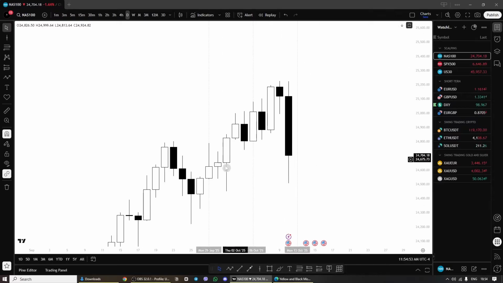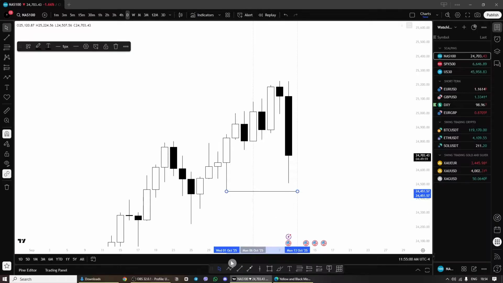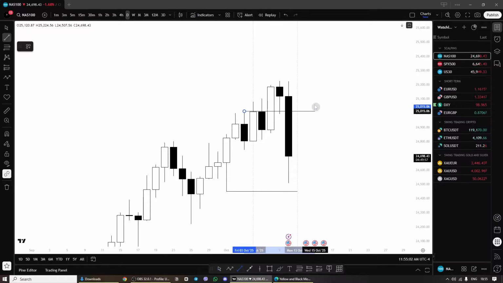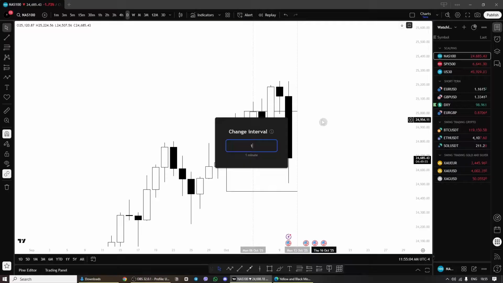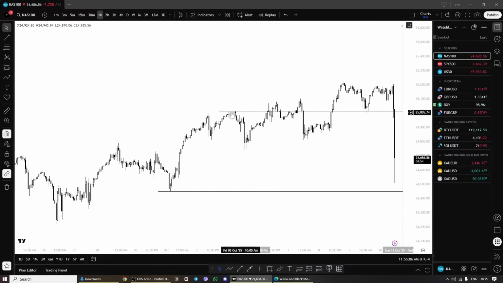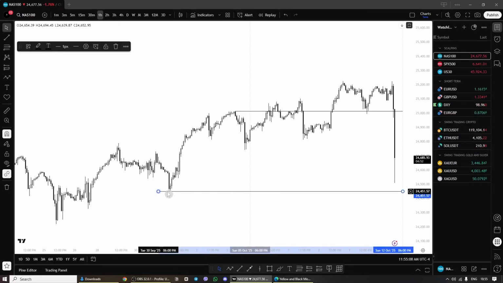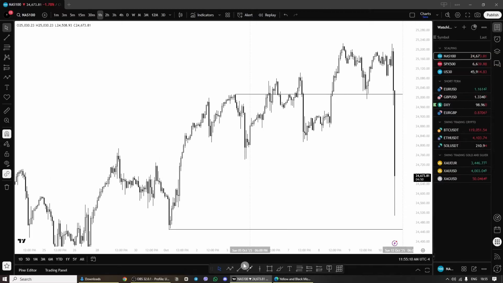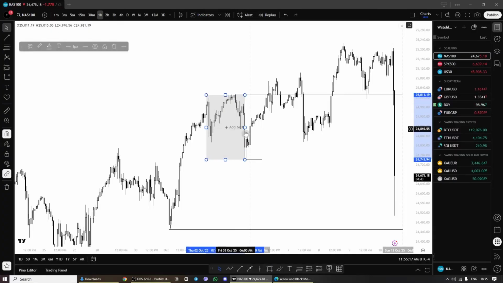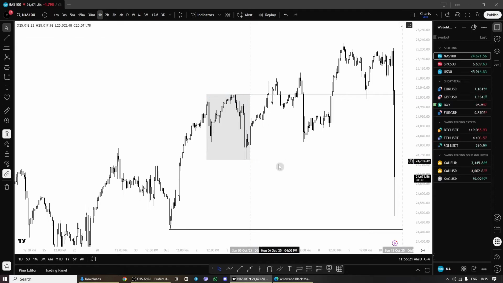Let's say this is our last weekly low and weekly high, and now let's go on 1 hour. Here is our open, and here is our last range, like we marked it on the picture. Our range is just a clear high and low.